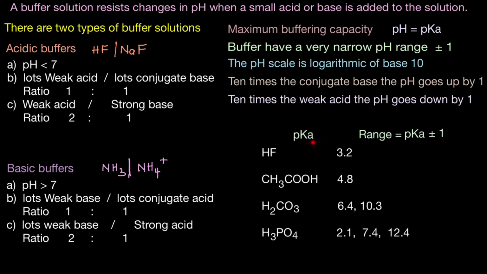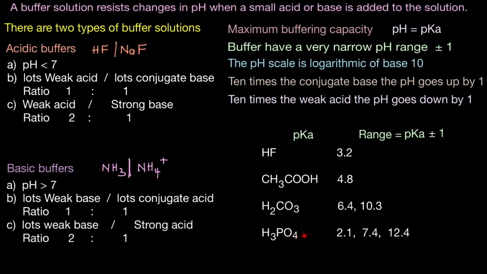Here are some pKa values of weak acids. This one is monoprotic: HF is 3.2, and the range will be 2.2 to 4.2. Applying the tenfold rule, ethanoic acid is 4.8. This one is diprotic, or you can call it a polyprotic acid, and the pKa values are 6.4 and 10.3.